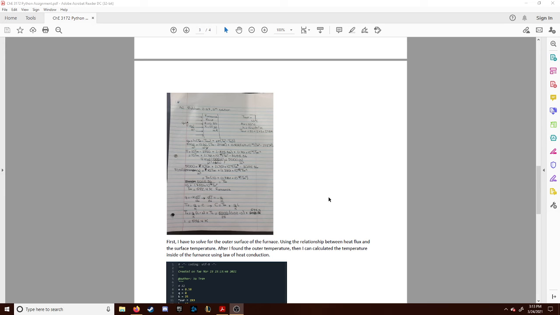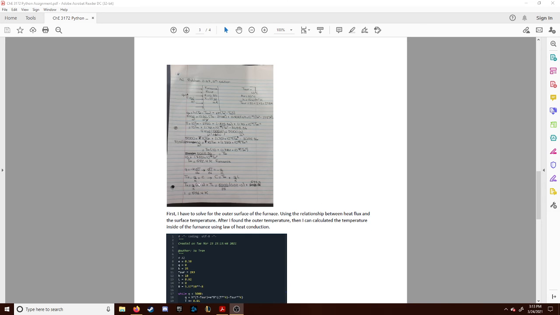Then I used Fourier's law of conduction, isolating dT/dx equal to negative q over k. I integrated that, and I got T equal to negative qx over k plus c.